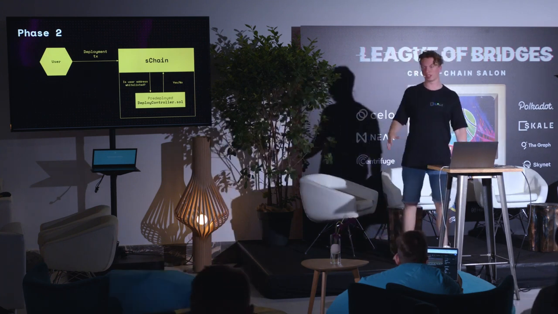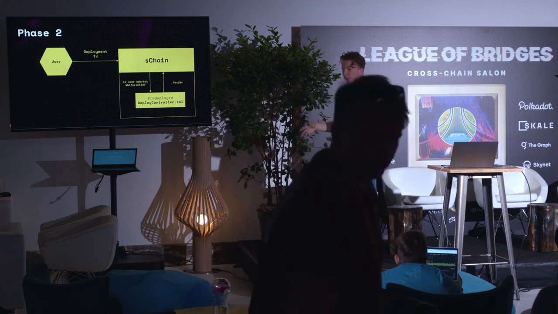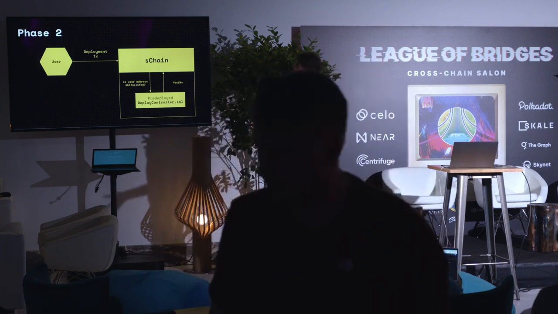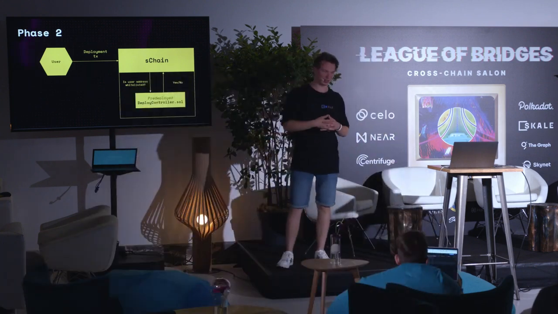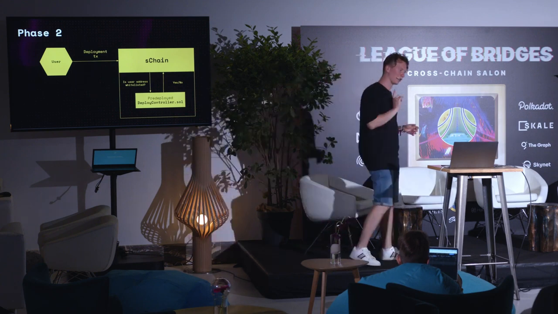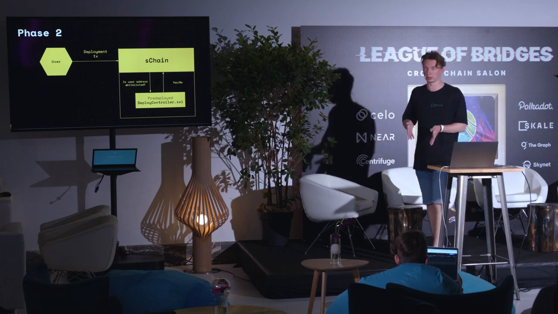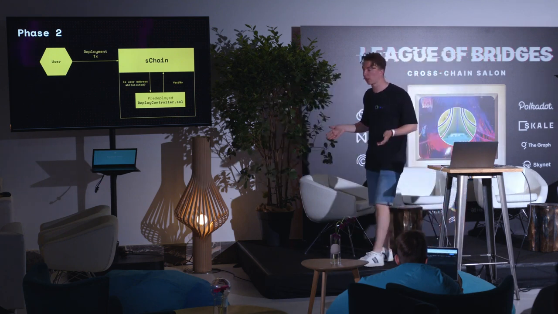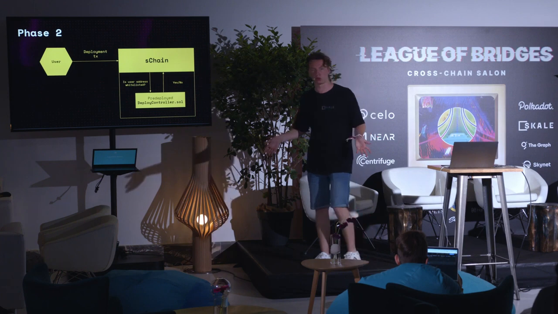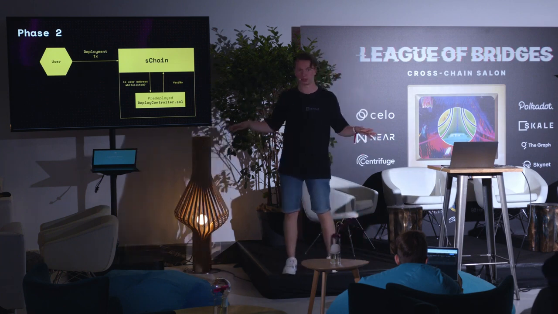It works like other smart contracts, but the first difference is that it's pre-deployed, so it works from the start of the chain. Who knows about pre-deployed contracts? Raise your hands.